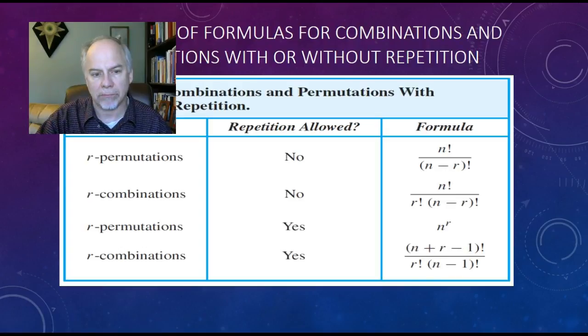So there you have them all in one, but you have to distinguish which one to use and what the n and the r are referring to in each of the problems. So that's what the homework is for, to see if you can follow that.